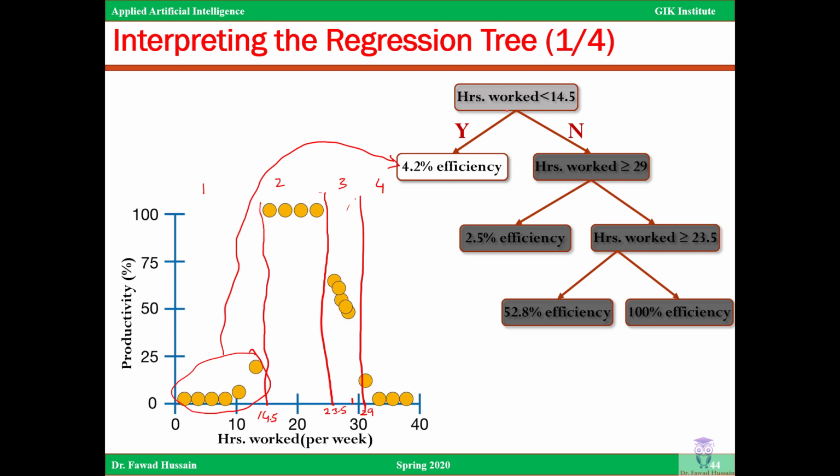The second part is if the hours worked is not less than 14.5. So now I'm skipping this part, from here to this, and I'm going to the next question.